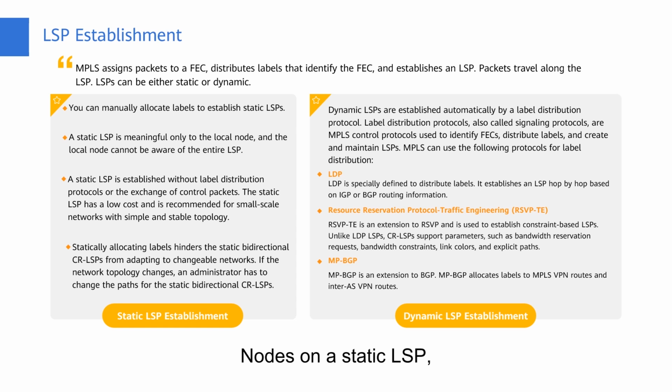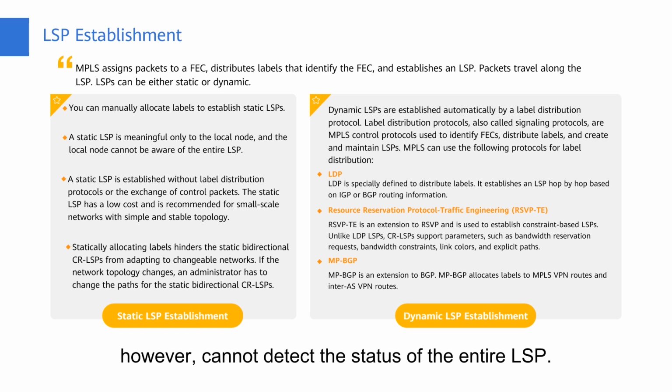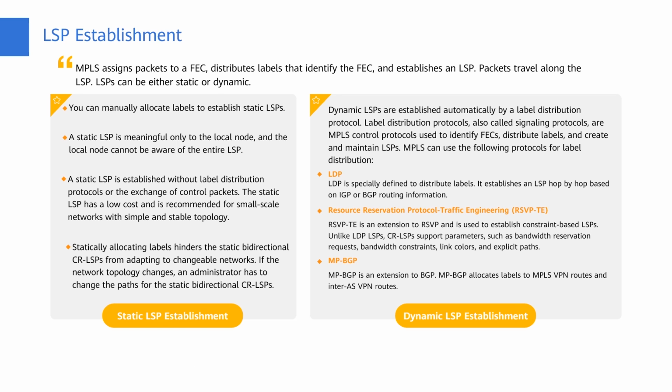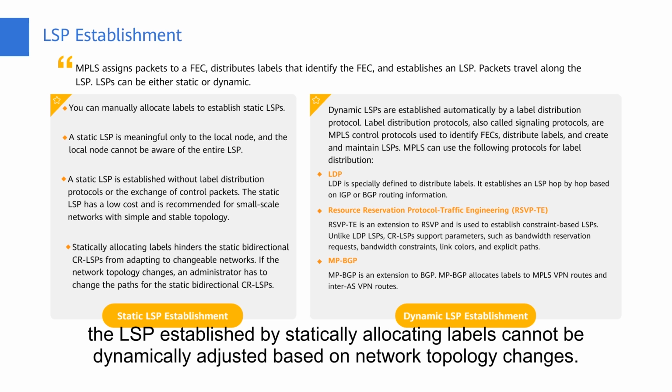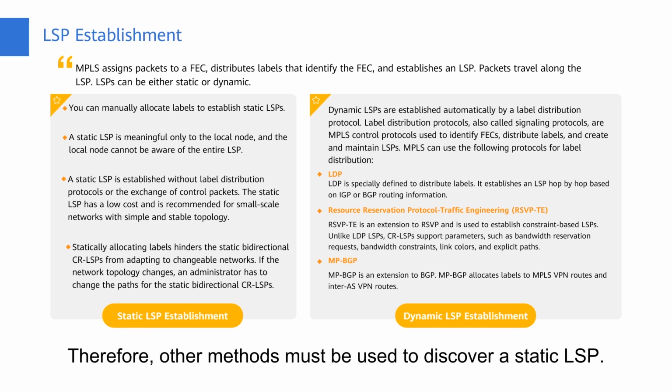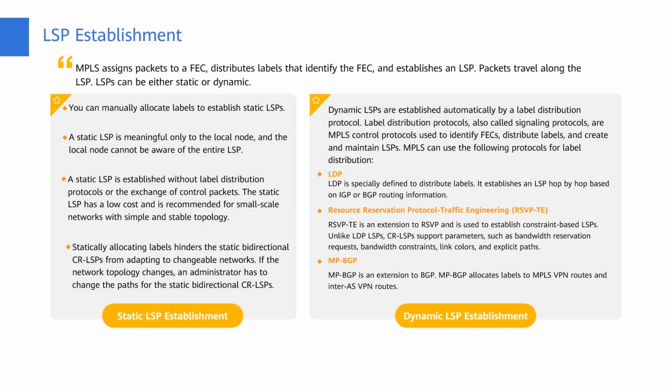Nodes on a static LSP, however, cannot detect the status of the entire LSP. In addition, the LSP established by statically allocating labels cannot be dynamically adjusted based on network topology changes. Therefore, other methods must be used to discover a static LSP.